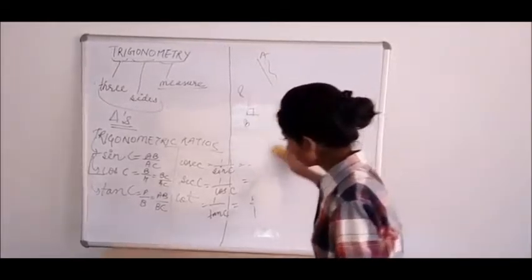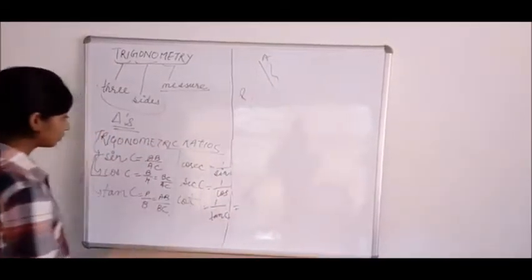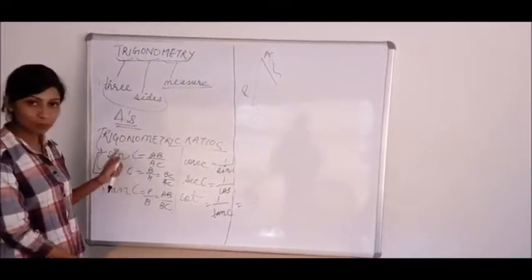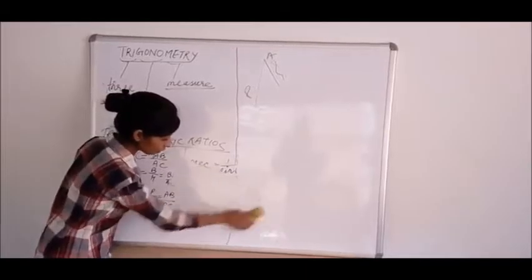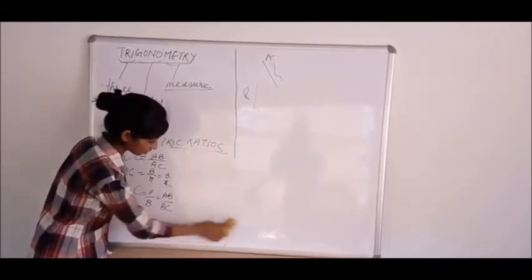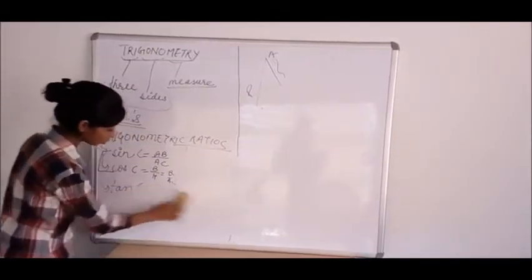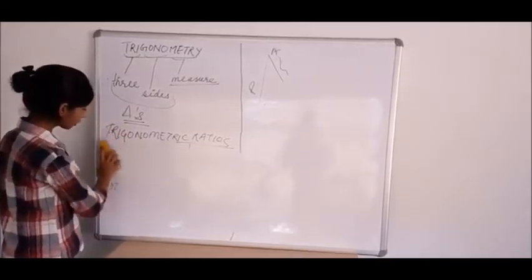Also remember that for 10th class, we limit ourselves to computing these ratios for an acute angle. We can compute it beyond that, but for this discussion we will restrict ourselves to acute angles.